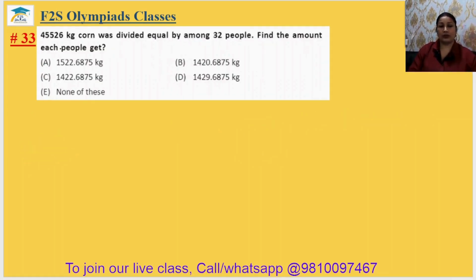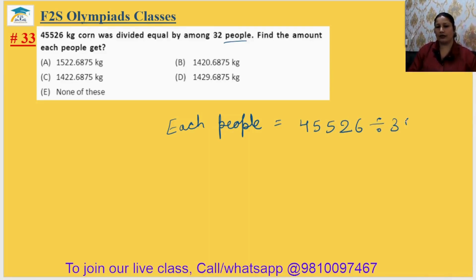Come to question number 33. 45,526 kilogram corn was divided equally among 32 people. Find the amount each person gets. For each person, it will be 45526 divided by 32.